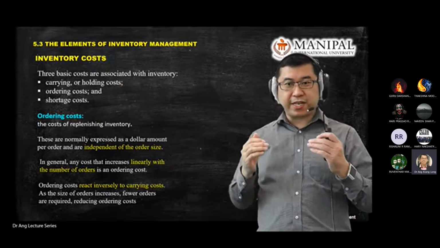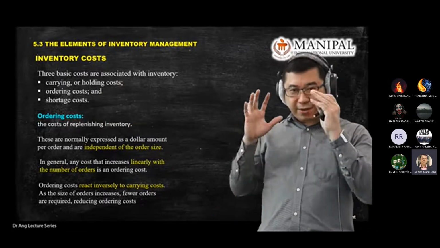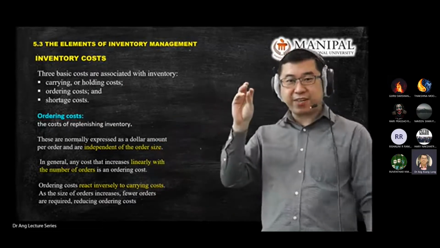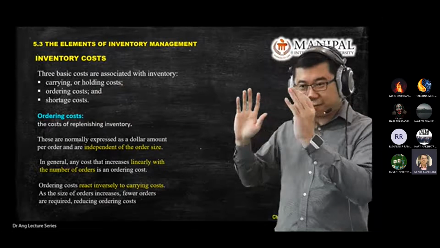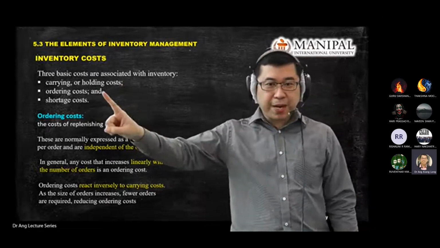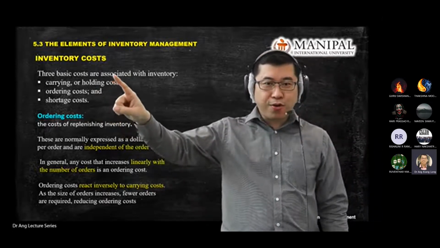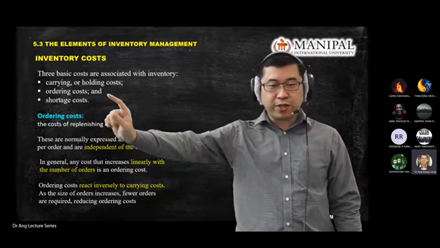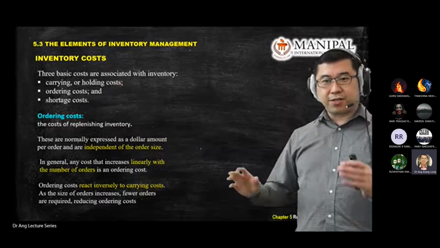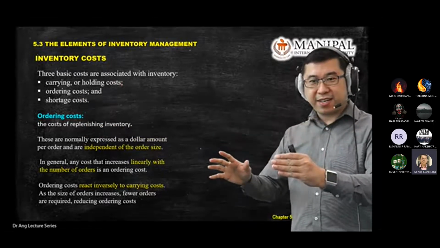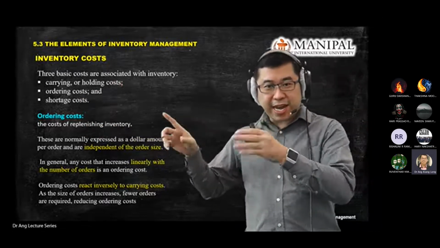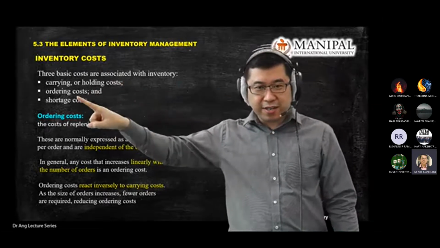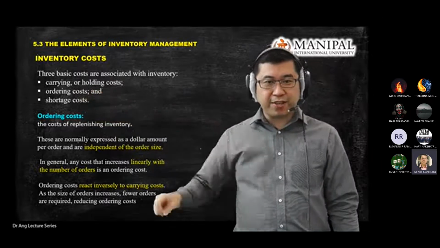It works inversely. Take the burger store example again. Let's say the fridge can store 500 packets. If you buy more burger meat, you will reduce your ordering cost, because the more you buy, the less you need for replenishing your inventory.